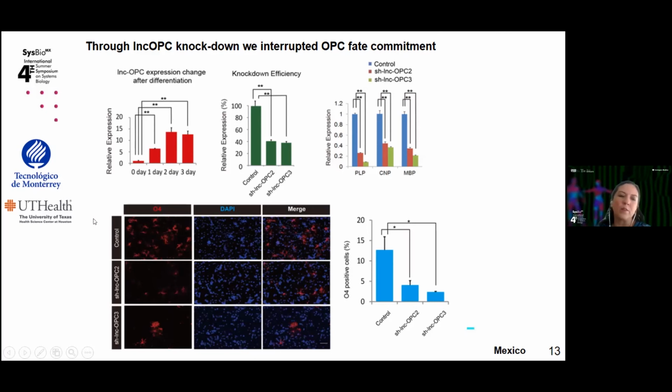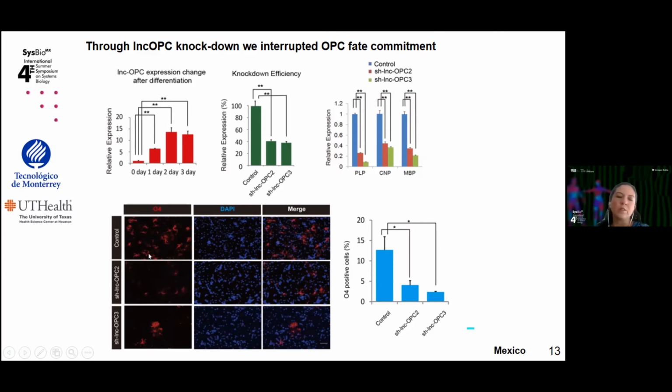We made a differentiation in vitro now, not with the cells that we isolated from the brain, but in vitro we induced oligodendrocytes, and as the induction is occurring, there's a high increase of lncOPC. When you knock down lncOPC, you see that these markers of oligodendrocyte cells become highly decreased. And by immunostaining, we see that there's no differentiation, or it is highly decreased.